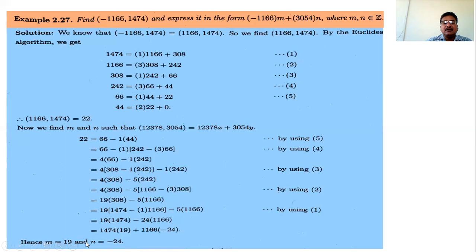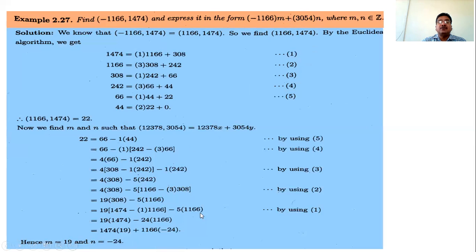And what is n? What is the coefficient here? Not 3054, here write 1474. Here is a correction in the problem: right here, 1474 into n.